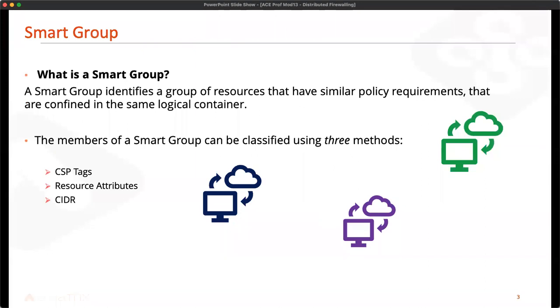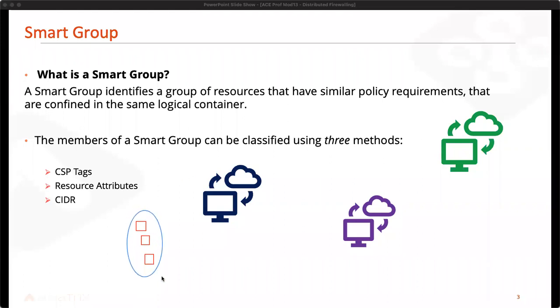Basically, it's a group of like-minded resources, a group of resources that you need to give the same treatment, the same privilege, the same policy. It could be something like, I have 3 web servers that are part of the same application, just for scaling. Let me draw this in a different color.